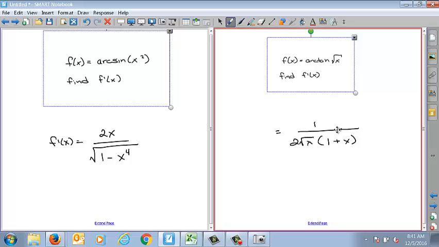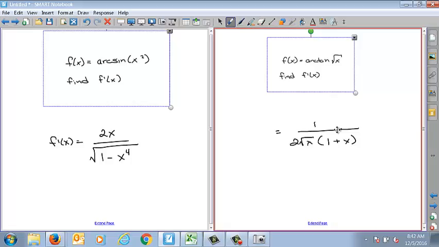Yes, Lizzie. What's that? Well, if you rewrite the square root of x as x to the 1/2 power, when you take the derivative of x to the 1/2, you get 1/2 x to the minus 1/2. So it's from that 1/2.